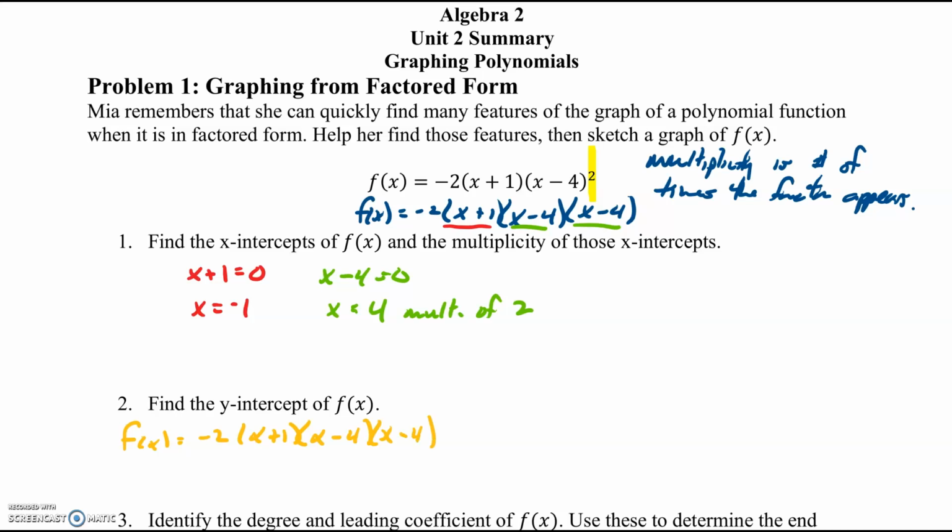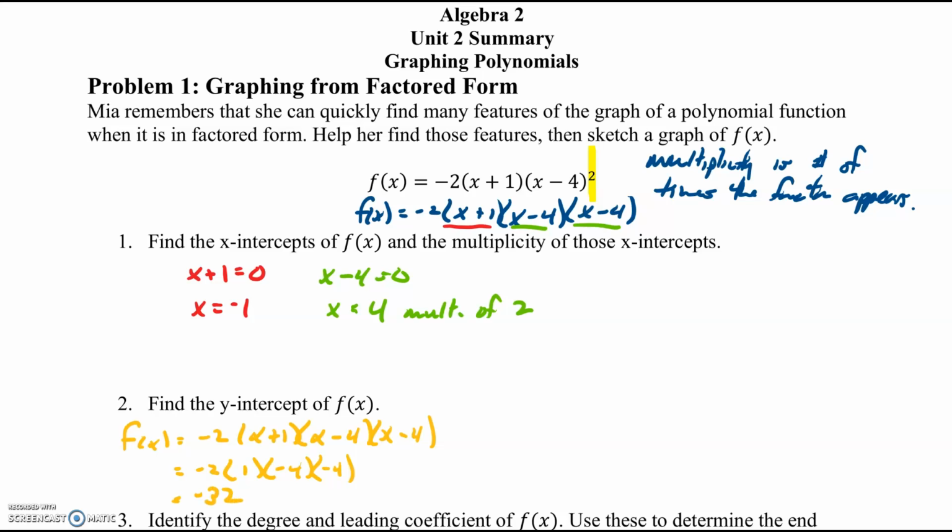If I'm looking for the y-intercept, I need to imagine what happens when I put zeros in for x's. When I do that, I'm going to end up with this negative 2 in front times a positive 1, because 0 plus 1, times a negative 4 times a negative 4. When I multiply this out, I should get negative 32.